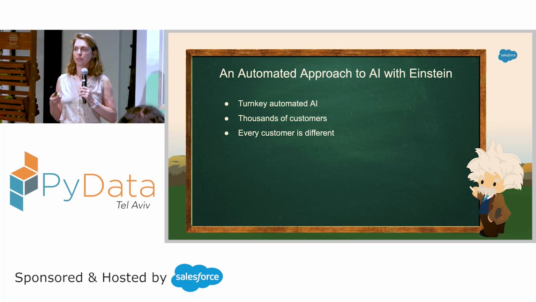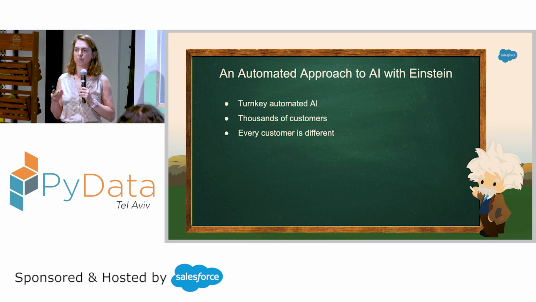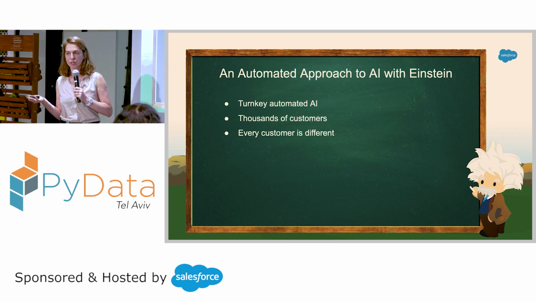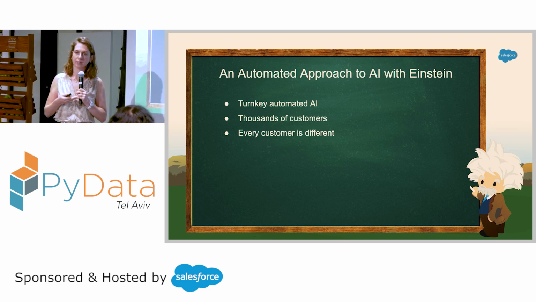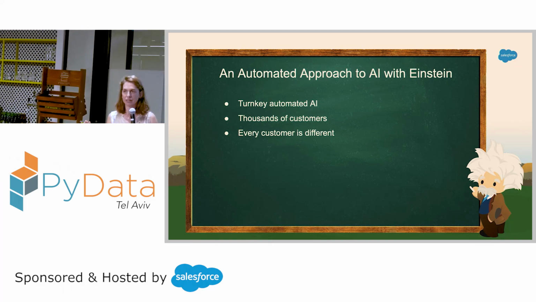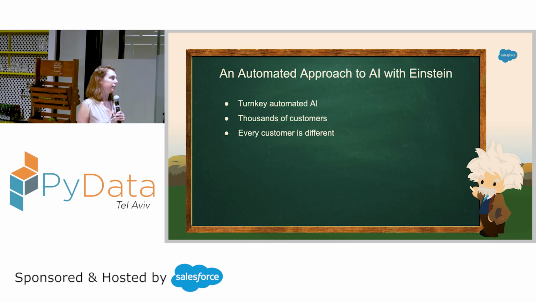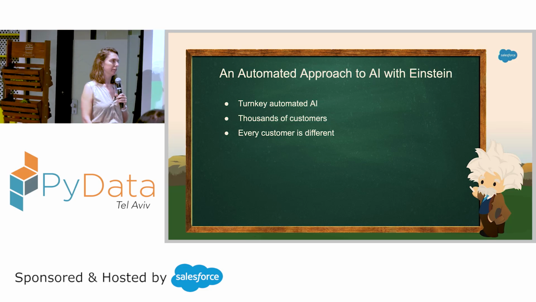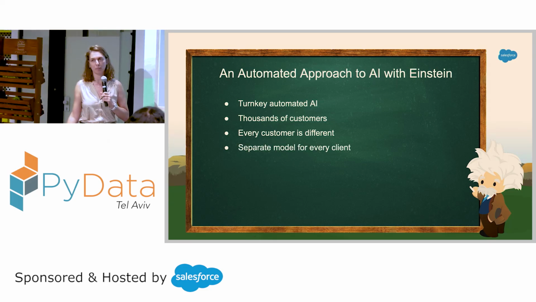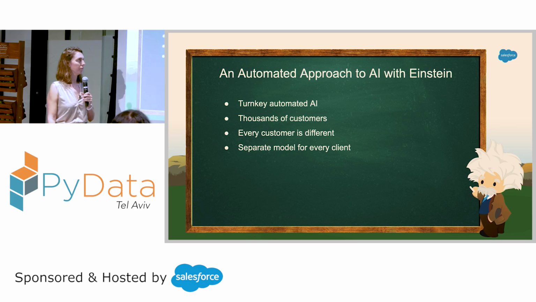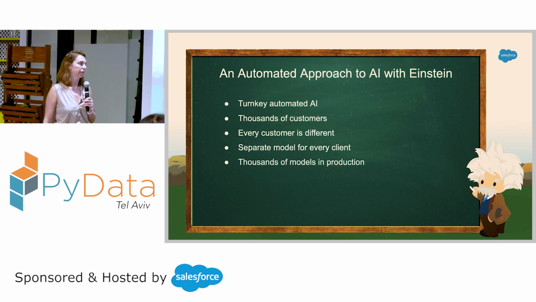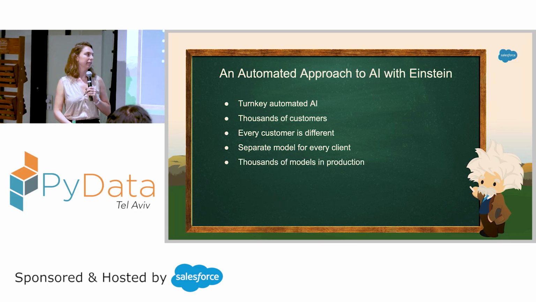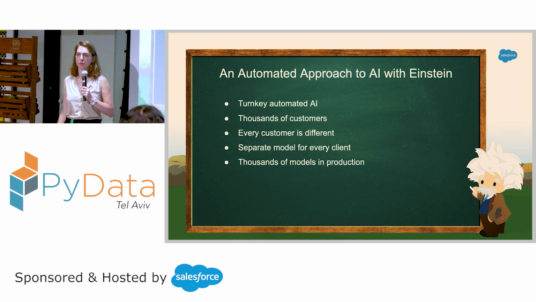Salesforce has different customers, from clothes stores to Amazon to insurance companies to banks, cell providers, and so on. So every customer is really different, and that's why we're training a separate model for every customer. It results in thousands of models in production.